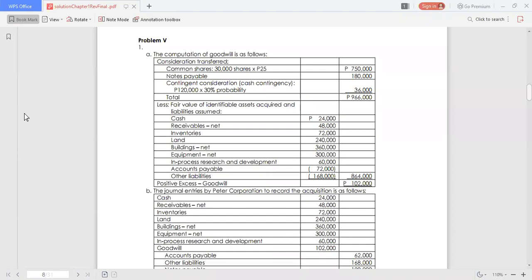Pure estimates that there is a 30% probability that the 120,000 payment will be required.